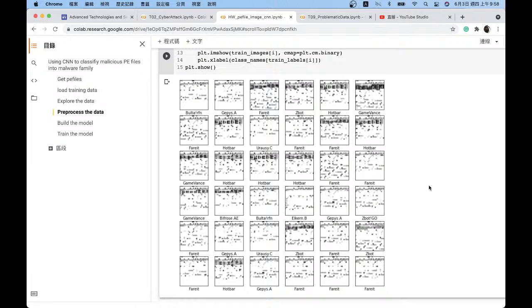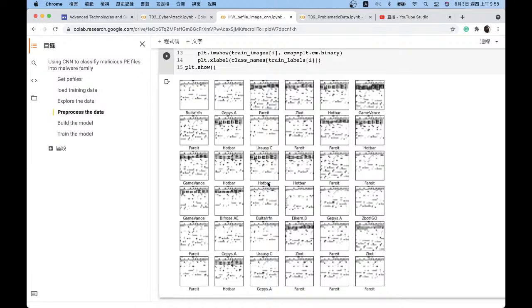Of course, not all the patterns of the Ferret family have such a diagonal line, but we believe it might be helpful for us to find them, to classify them.